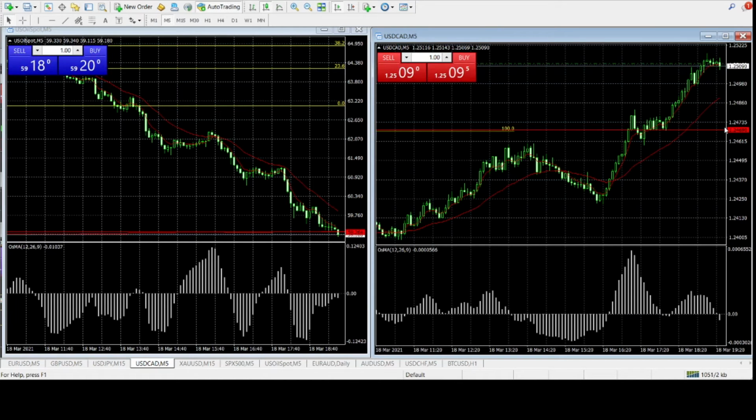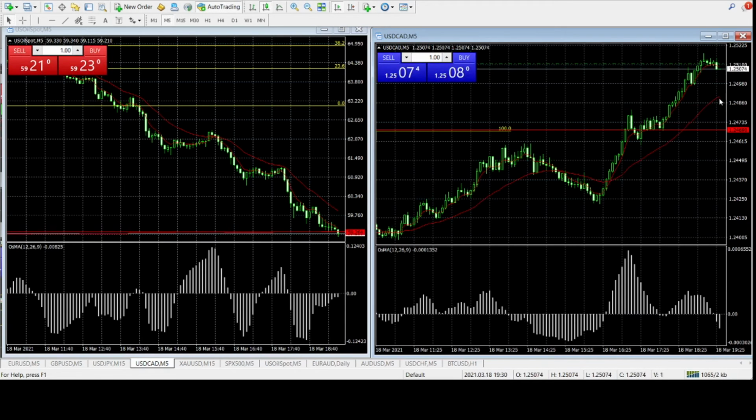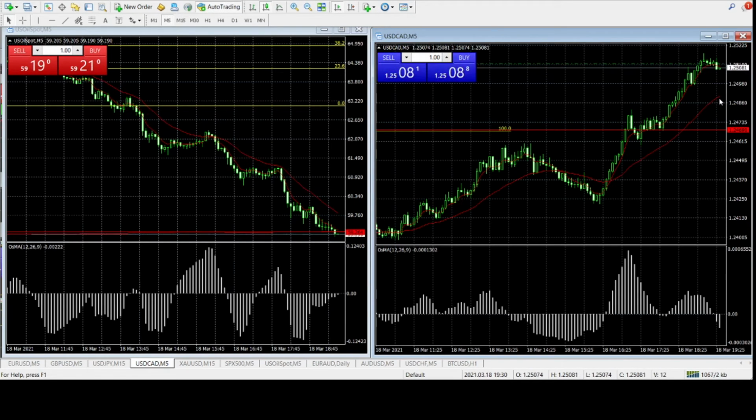That's best case scenario. And I would say if it starts to work, we should see about 124.90 at the least for this trade. So I'm getting into this trade with the thought process that if it works, we should at least get 30, but we may get 50 pips.